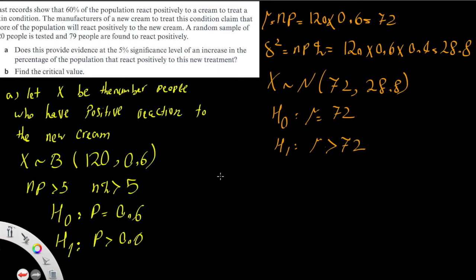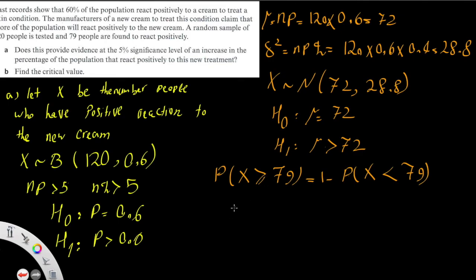Now we calculate, it says 79 people are found to react positively. So we calculate probability of x greater or equal to 79, as this sign follows the alternative sign, which is equal to 1 minus probability of x less than 79.